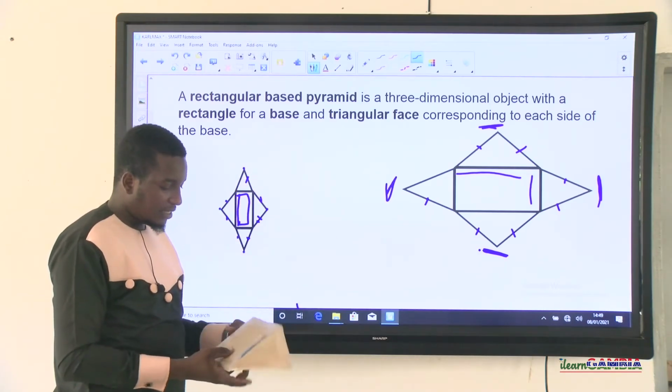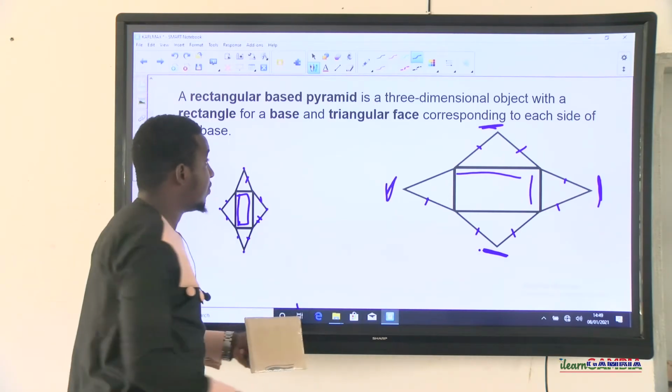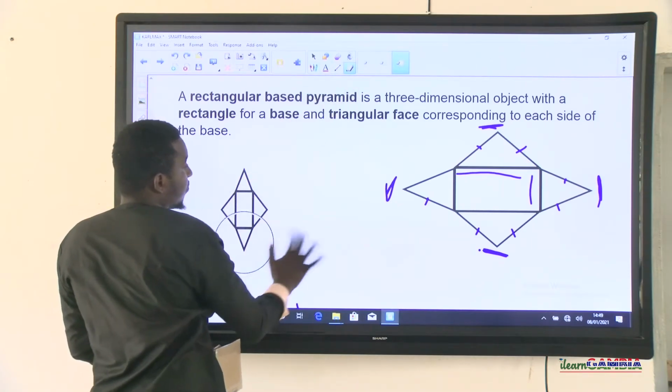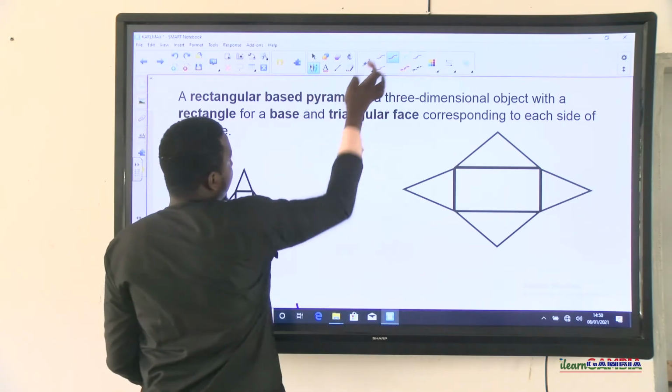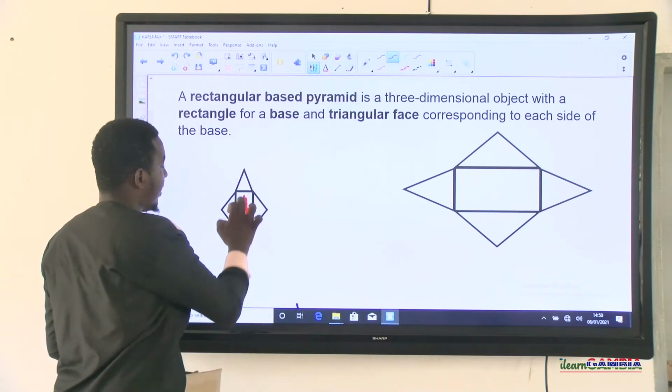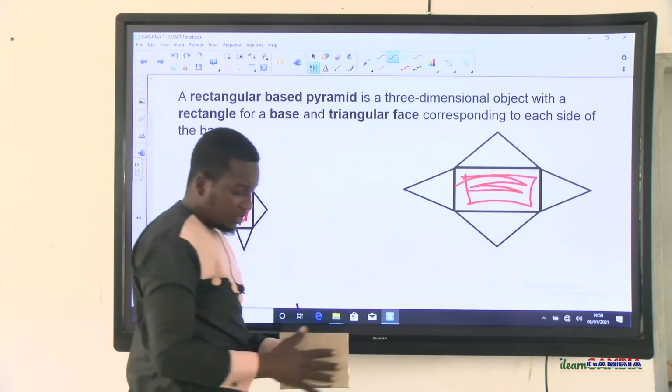Now, as I said earlier, the base of the pyramid is what? A rectangle, just like what we have in these two cases. This side here is a rectangle, and this one also is a rectangle. That is this base.